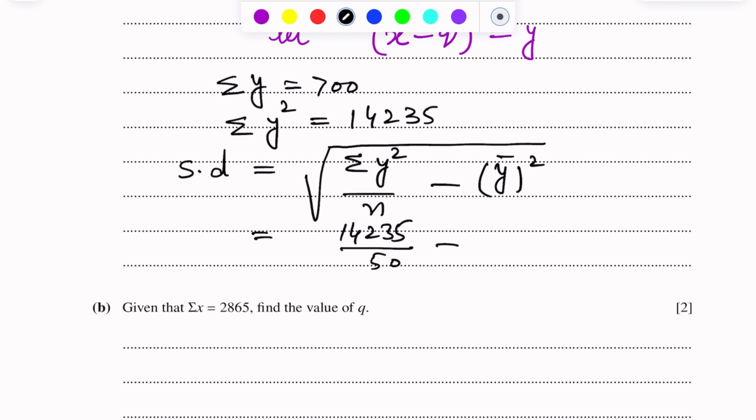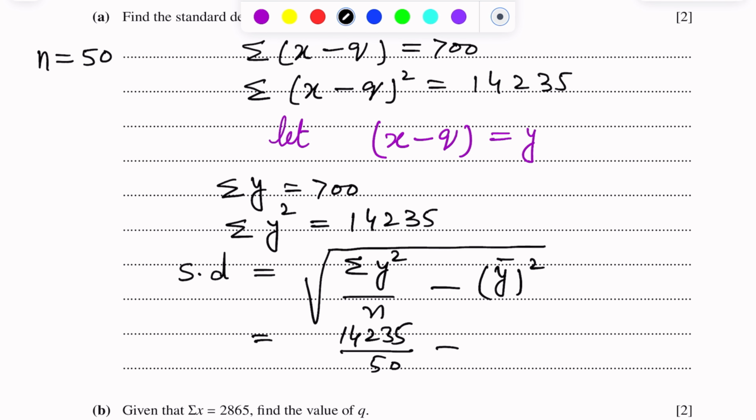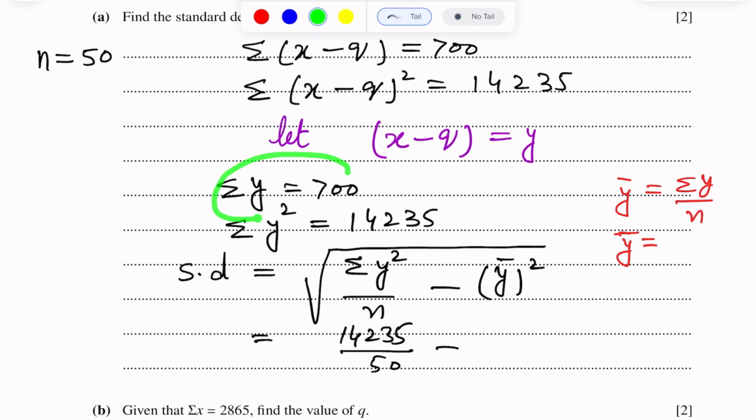Minus y mean. We have to find the mean of y. This is the formula for mean: summation y over n. Summation y is given, that is 700. So 700 over n, which is 50.